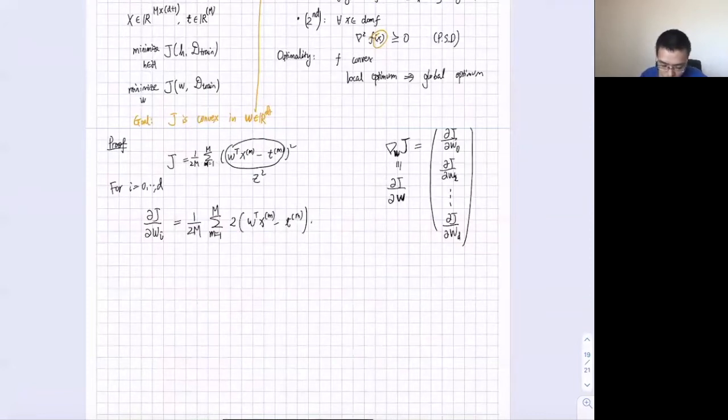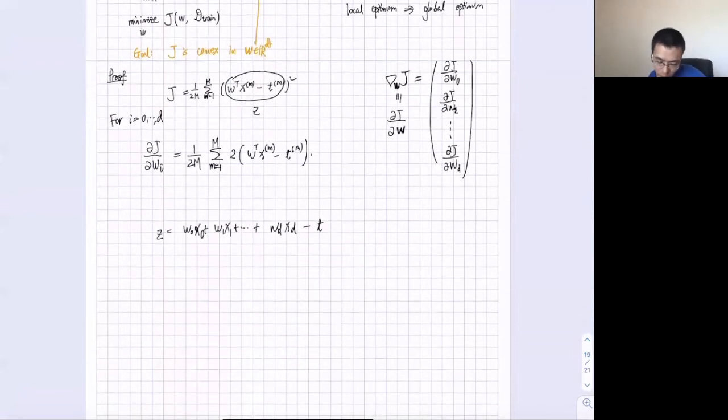So I would now take the partial derivative with respect to wi for each of the terms in z, okay? So where are the terms in z? So z is actually w0 x0 plus w1 x1 plus so on and so forth until wd xd minus t, okay? So I omit m.